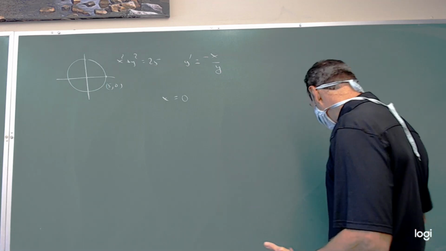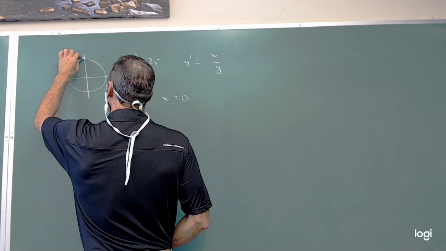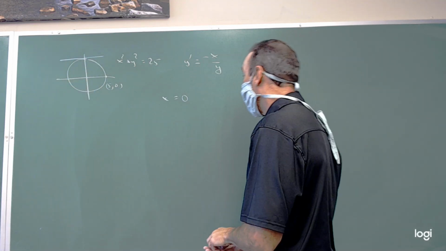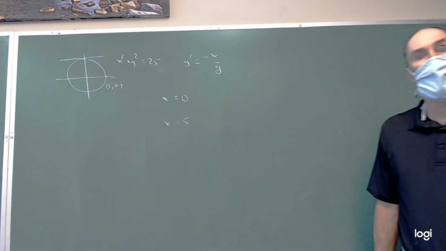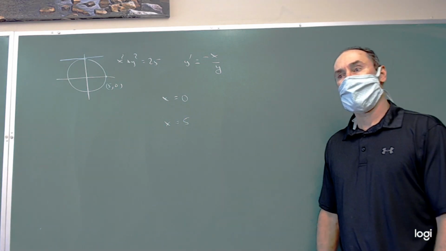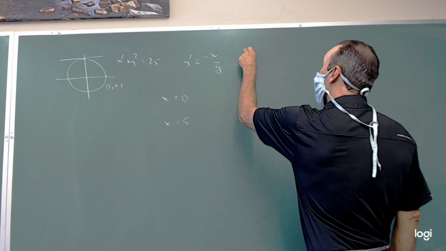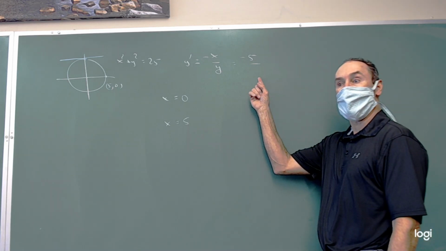When x is 0, you see that the tangent line would have been that horizontal line and its slope is going to be 0. Even more interesting, what if we had tried to find the slope of the tangent line at x equals 5? It's going to be a vertical tangent. Well, how do we get this y value?